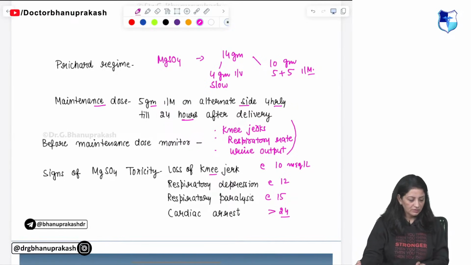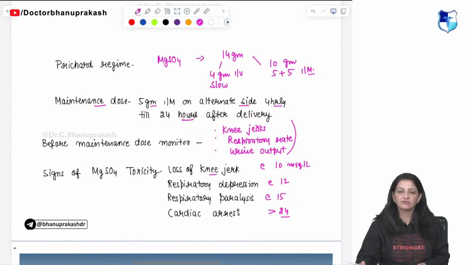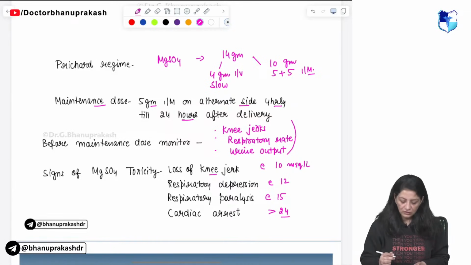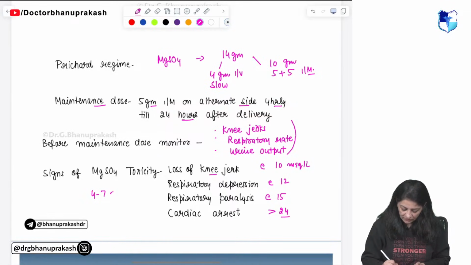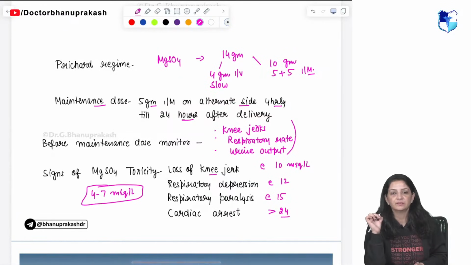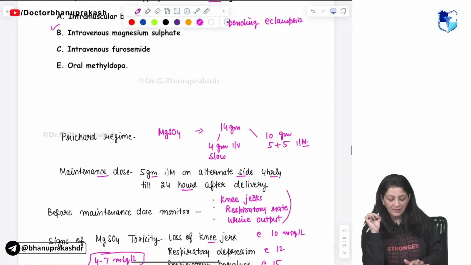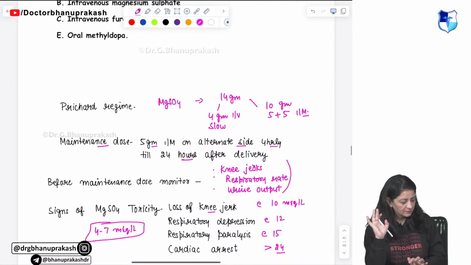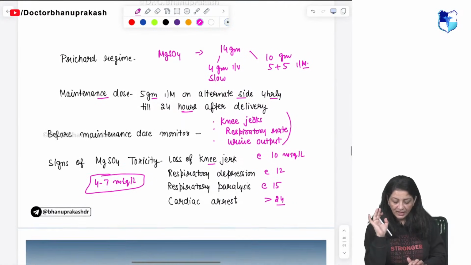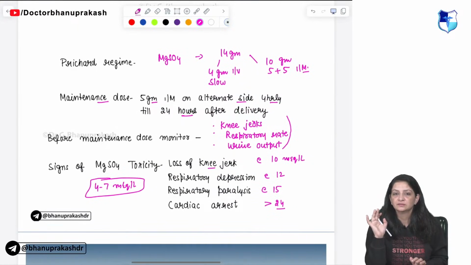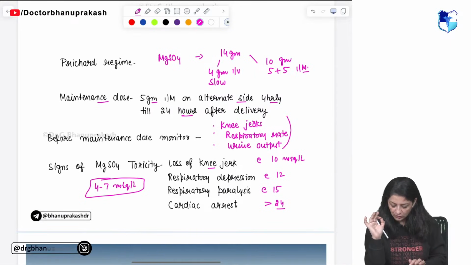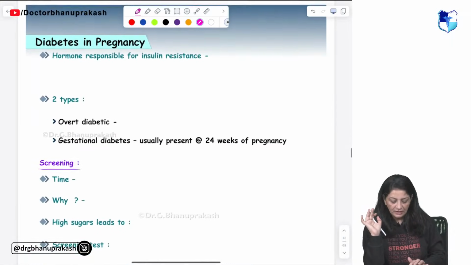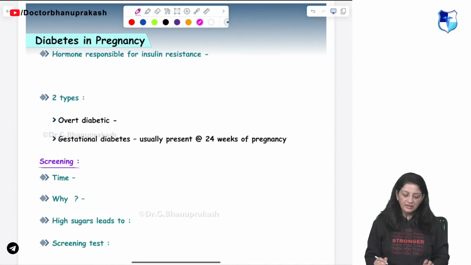Normal values of magnesium are around 4 to 7 milliequivalent per liter. So this is all about hypertension in pregnancy. Any doubt you can ask me. Yes, antidote is calcium gluconate injection.